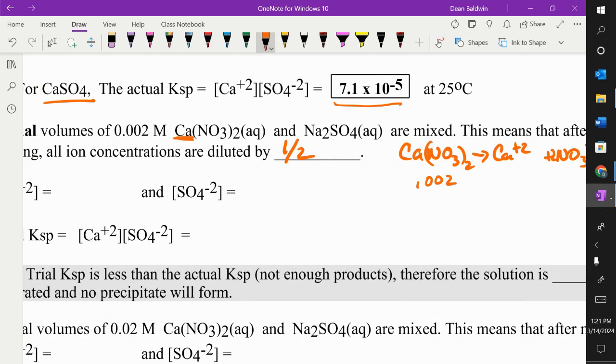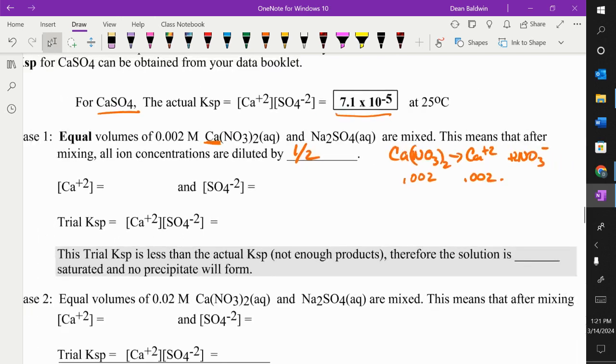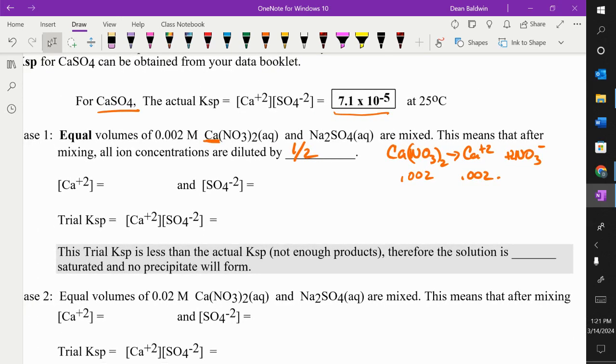So how much calcium do we have? 0.002. This is before we do the dilution, all right? Because it's a 1-to-1 ratio. Then we mix equal volumes. So what happens to this concentration? Cut it in half. Divide by 2. So we get 0.001 molar. Okay? You don't have to do the M1V1 stuff.